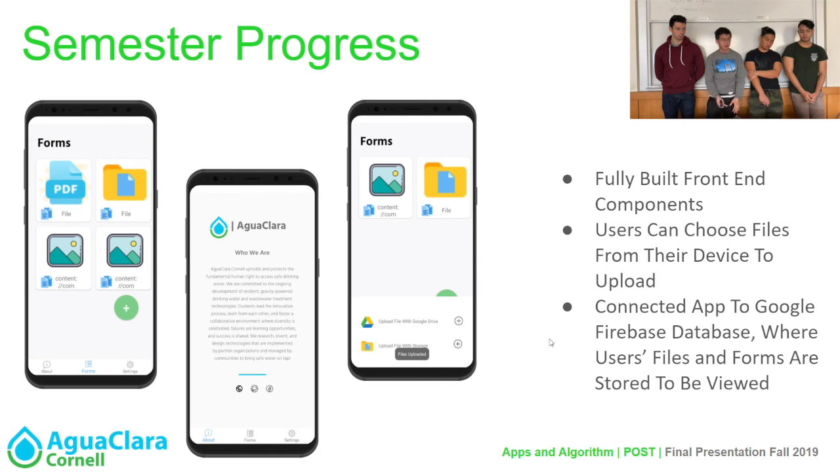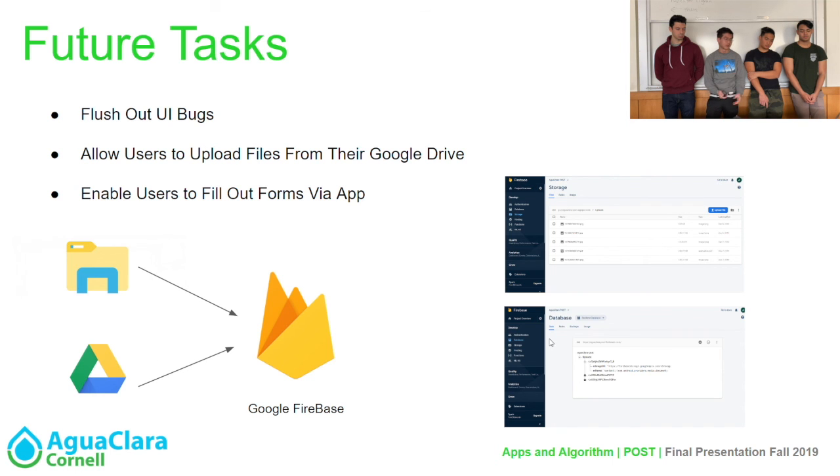For this semester, we got the basic functionality of the app built out. Now a user can upload forms from their phone storage, and they go to Firebase storage, and from there we can see the forms and pull them.